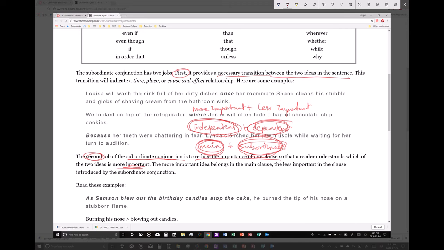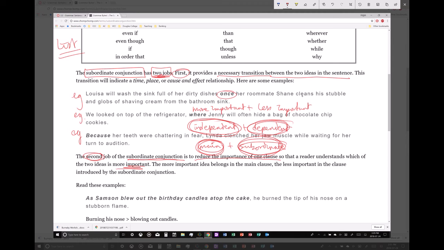So this is how this web page works. It provides more detail on the subordinate conjunctions. You see a list of the words you can use as subordinate conjunctions, what kind of jobs they do, examples of these jobs, first job and second job.